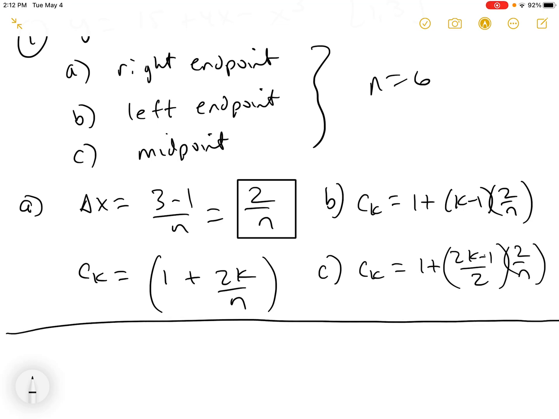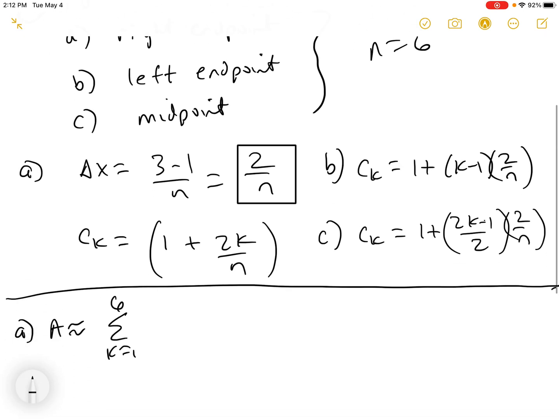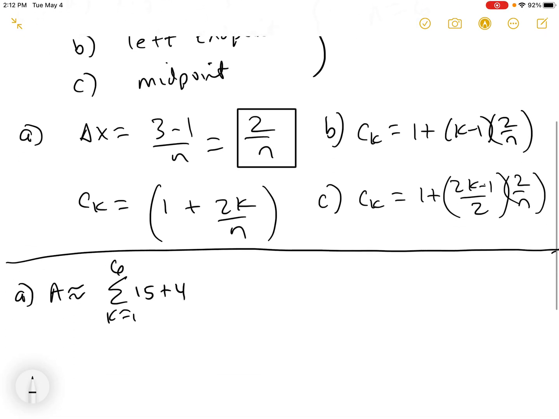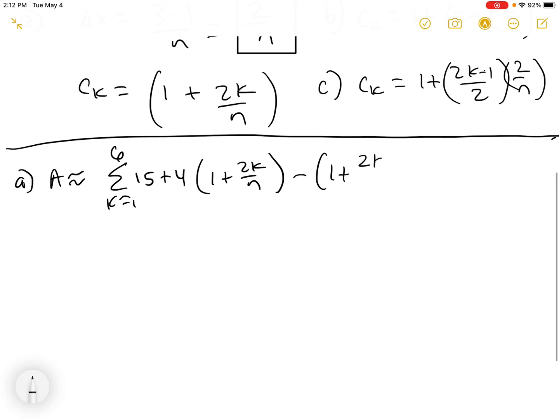Let's go ahead and solve A. The area is approximated by the sum from k equals 1 to 6 of f of c sub k, which is 15 plus 4 times (1 plus 2k over n) minus the quantity (1 plus 2k over n) cubed.